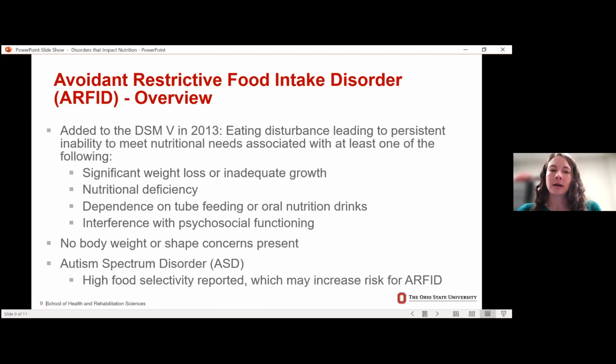They may have excessive intake of certain types of foods while restricting other types of foods. They might frequently refuse foods. And there might be a great deal of distress sometimes around non-preferred food items. So just some of the things that sometimes we'll see in individuals with ASD.